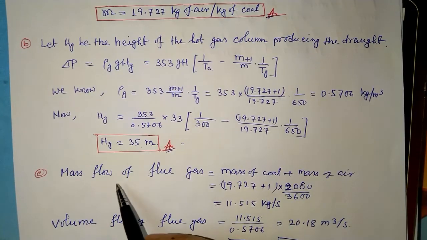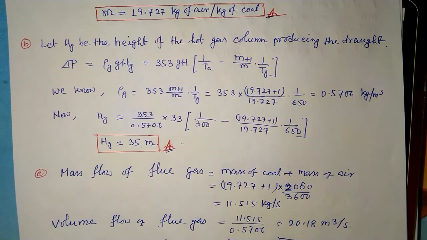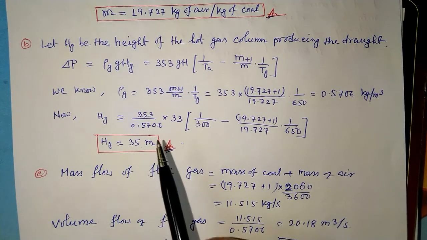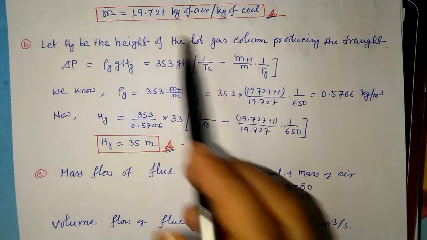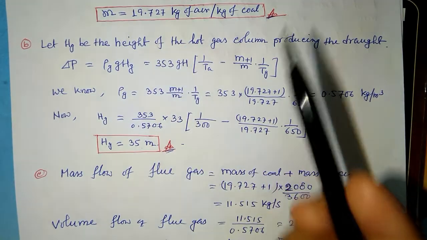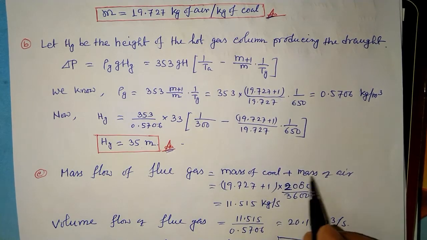So now we need to find the mass flow of the flue gas, means how much flue gas is produced and flowing. As we know, for 1 kg of coal we have supplied air of 19.727 kg. So the total flue gas mass is mass of coal plus mass of air.